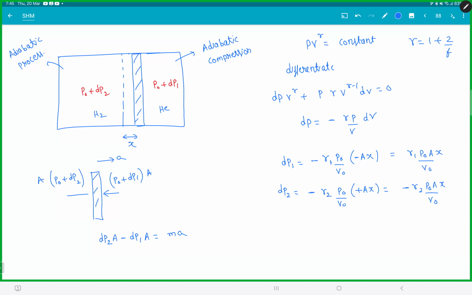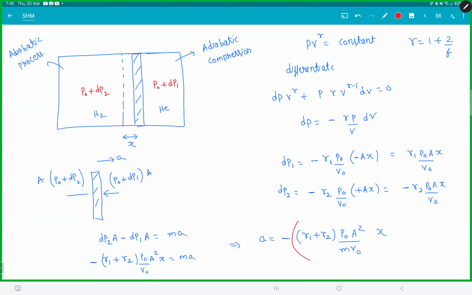But what is dP2 minus dP1? We take out gamma 1 plus gamma 2, P naught by V naught, A squared into x, is equal to m a. So we get acceleration is equal to minus (gamma 1 plus gamma 2) P naught A squared by m V naught into x.